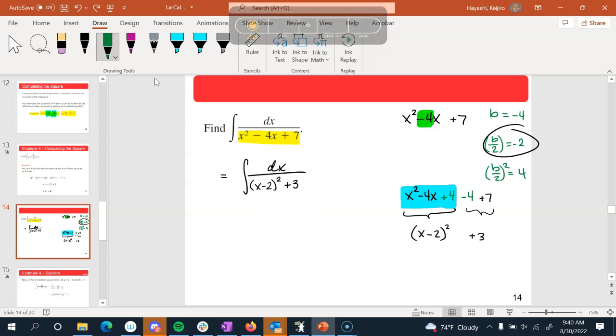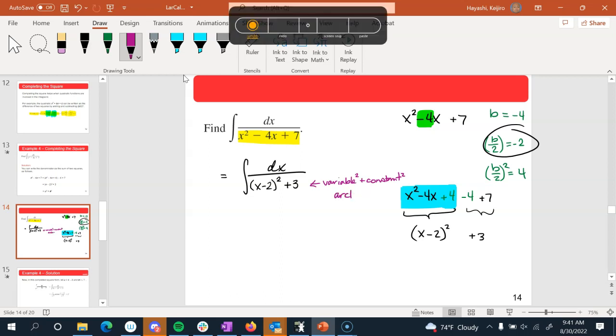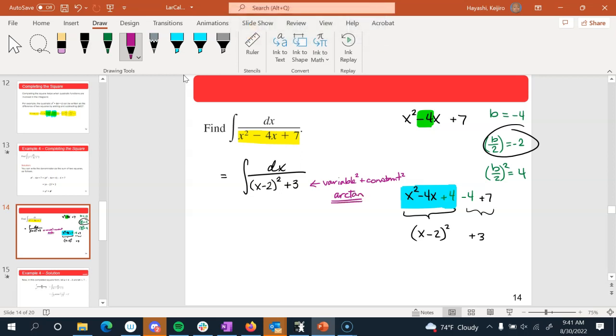Okay, so this might still look a little foreign, but the important thing here is that it is a variable term squared plus a constant squared, which identifies this as becoming, when you integrate it, an arctangent. That's the only one.